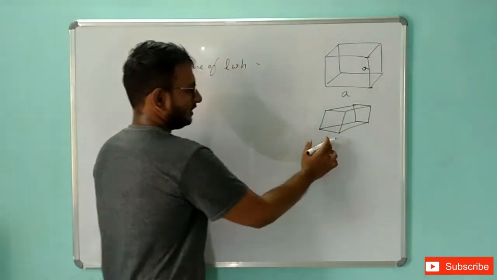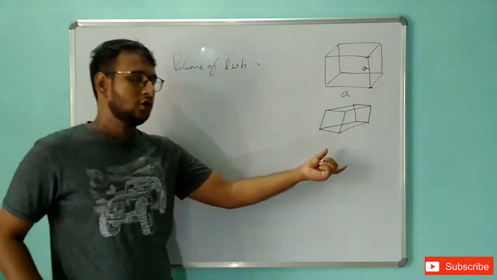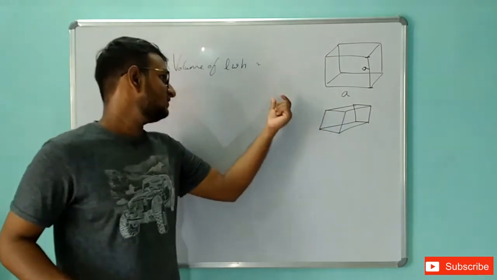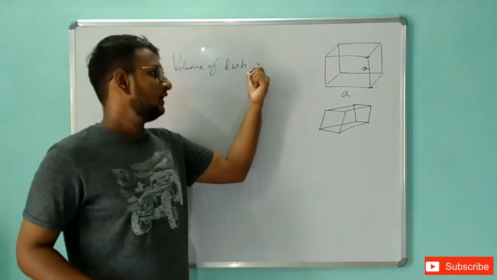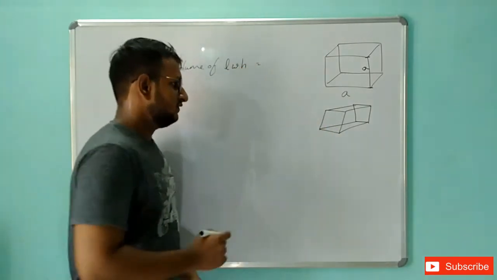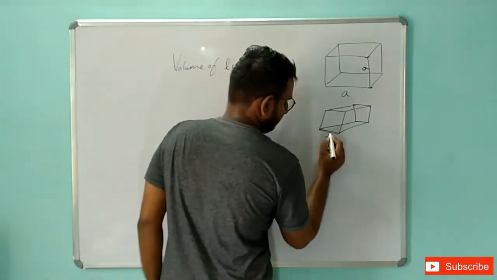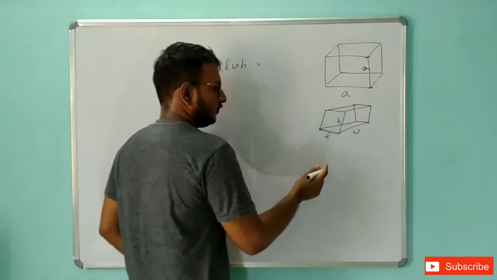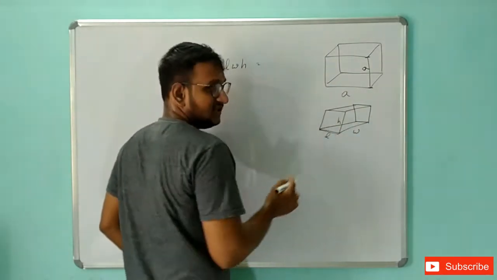So let's assume a rectangular prism like this, and we are going to find the volume of this, which I already said is L, length into width into height. We can take this as length, this as width, and this as height. So this is the height, this is the length, and this is the width.